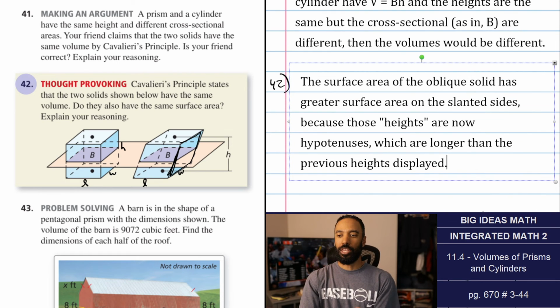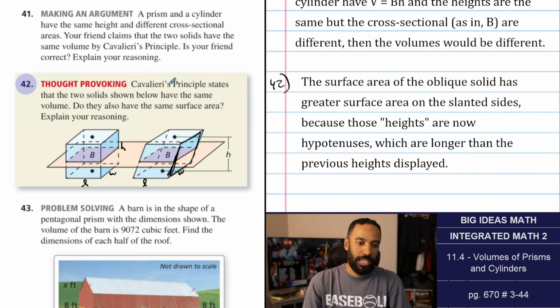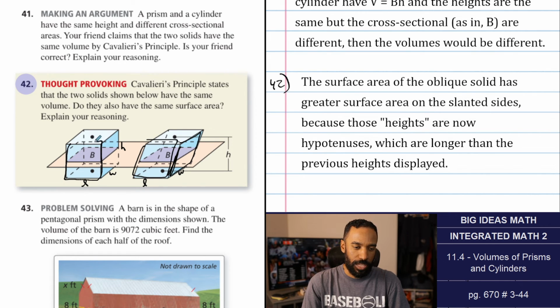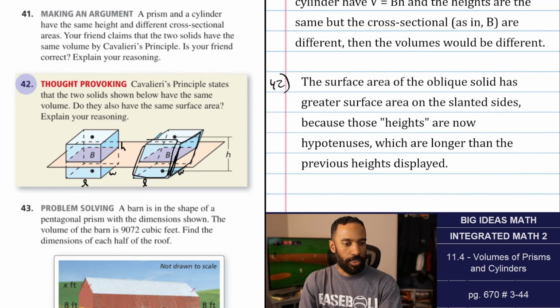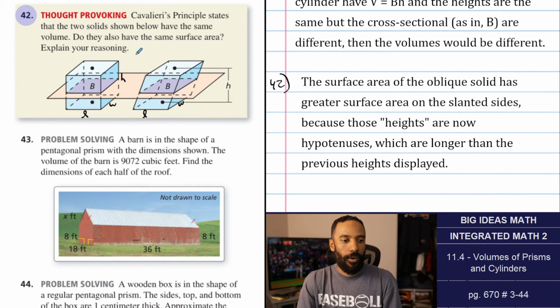Whereas the other ones have the same area. This area and this area should be the same because they share the same base length and height. The ones on the right side should be different. This should be larger than that. Interesting. Okay. All right, two more questions.